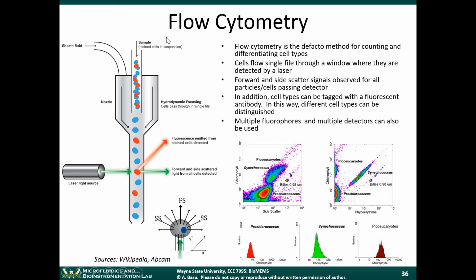In flow cytometry, that sample is combined with 2 other flows of liquid, which is called the hydrodynamic focusing, or it's also called sheath flow. Now, this is similar to the concept of laminar flows that we saw earlier.